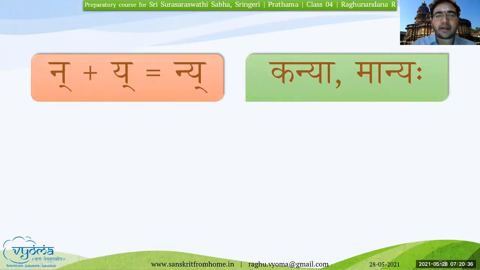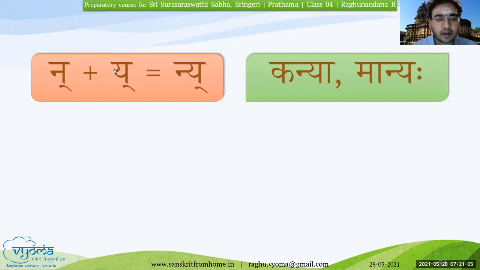First, we will take one example, which is Nakara plus Yakara, N, Y, which combine to form Ny. Some of the examples are Kanya, Manyah. Note down how these two letters are combining. Nakara and Yakara, both of them are half matras, two Vyanjanas coming together.